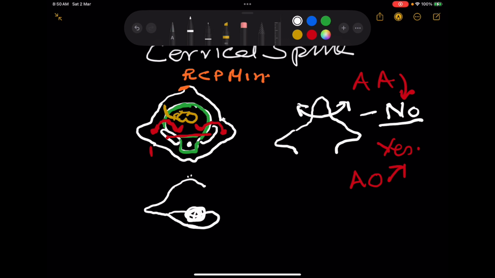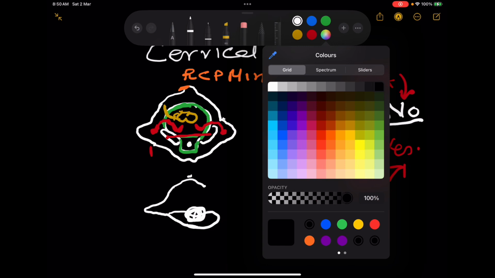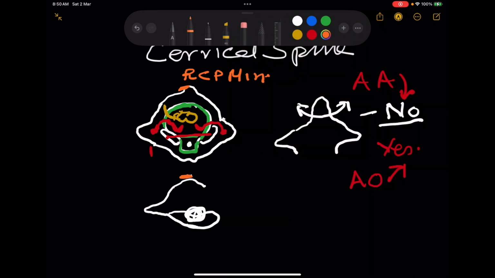So from the spinous process of the axis arises the rectus capitis posterior major, and that's placed somewhere here. It's coming up and getting attached to the occiput.